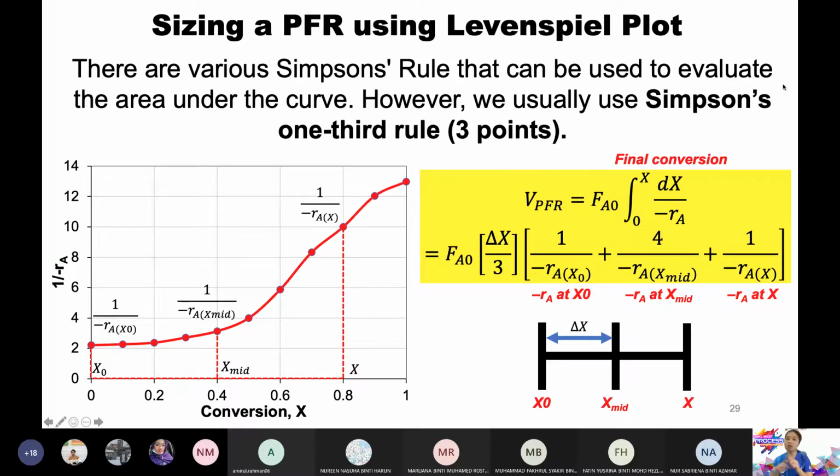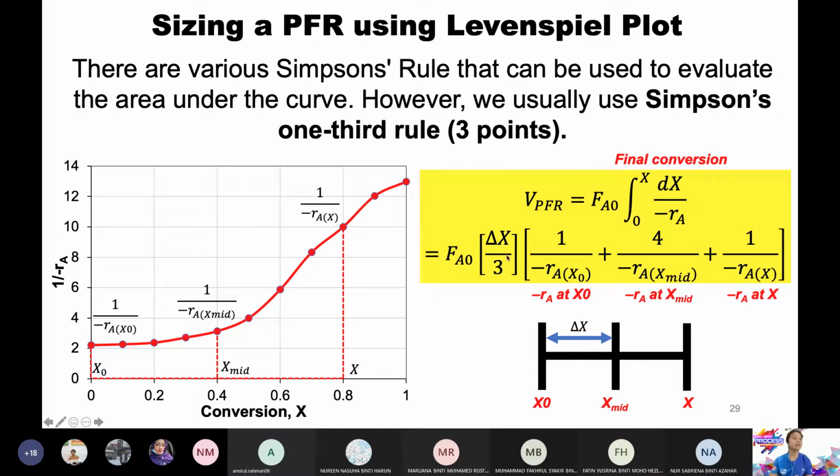Upper limit is the final conversion, X. I already said that this integral part we will solve using Simpson one-third rule, because we established that the integral equals the area under the curve. So, since the integral equals the area under the curve, I solve it using Simpson one-third rule. The FA0 in front is still there. Don't forget FA0.